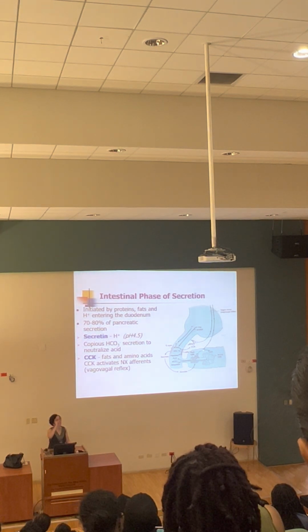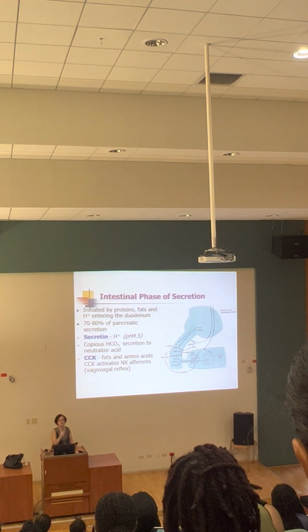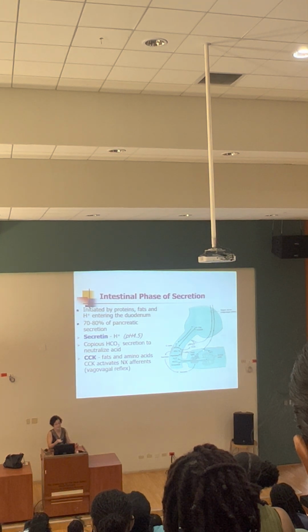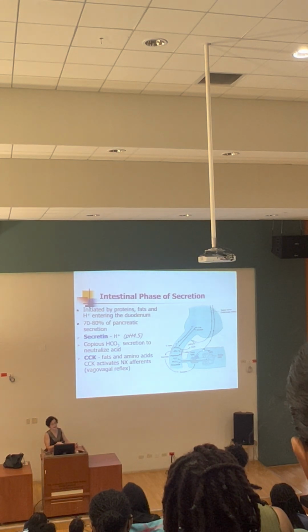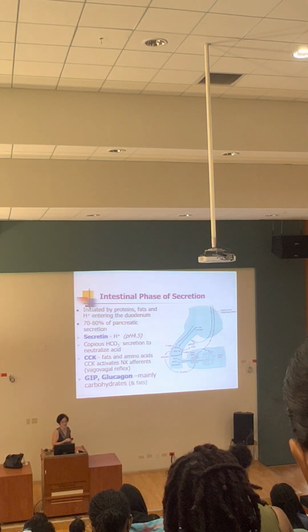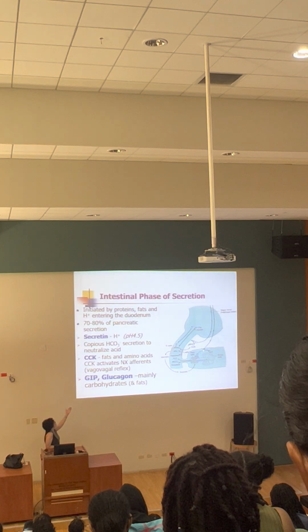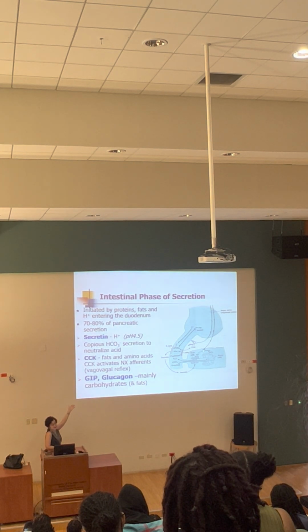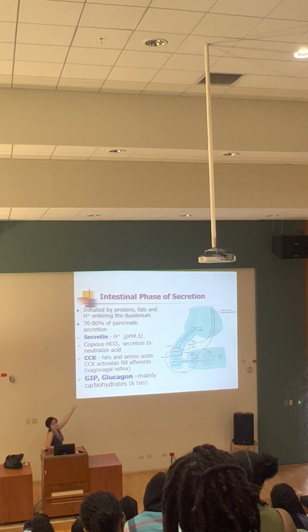And so you see the vagal efferent coming down to the acinar cells to cause them to release lots of enzyme secretion. Then we have other hormones like GIP, gastrointestinal peptide. The right name is really gastric insulinotropic peptide. It is insulin dependent, causing insulin release due to the presence of carbohydrates.